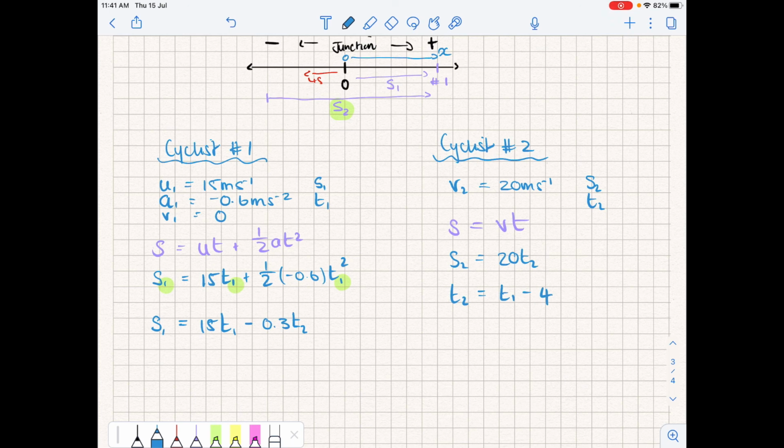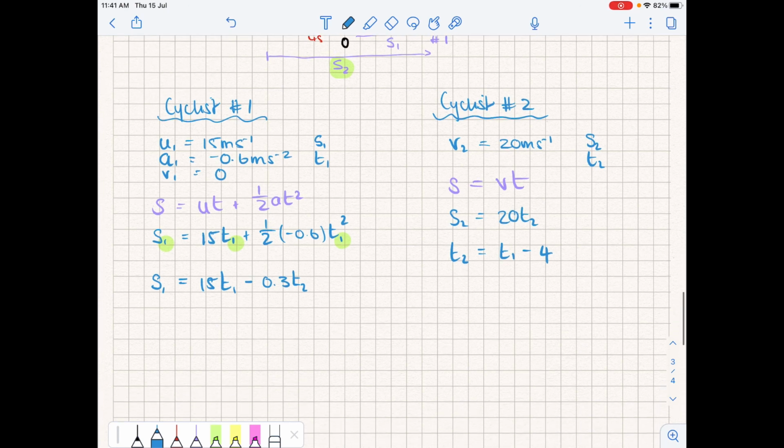He's not at 0, he's at minus 4 seconds. This means that we can quickly change our displacement equation for the second cyclist with our new time. So the displacement for the second cyclist is equal to 20 times (t1 minus 4).